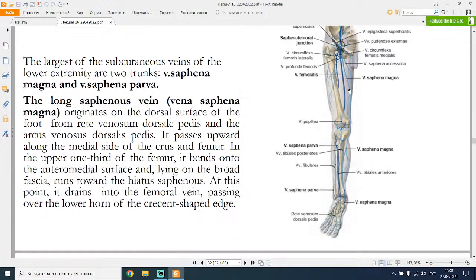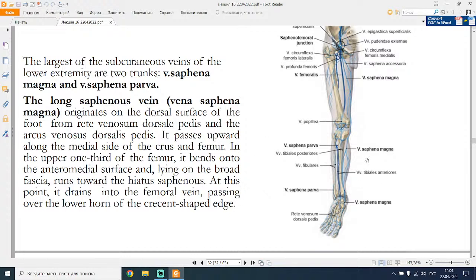The largest of the subcutaneous veins of the lower extremity are two trunks, vena saphena magna and vena saphena parva.